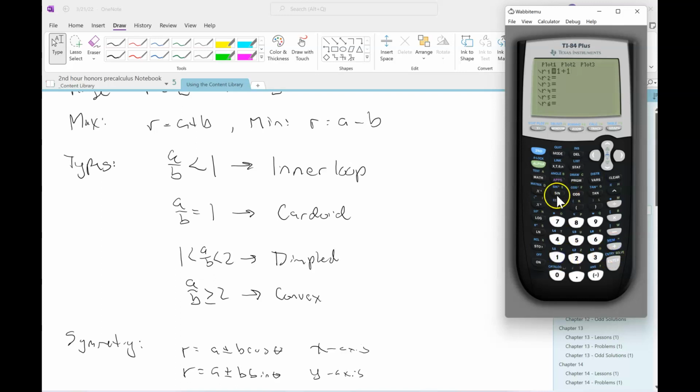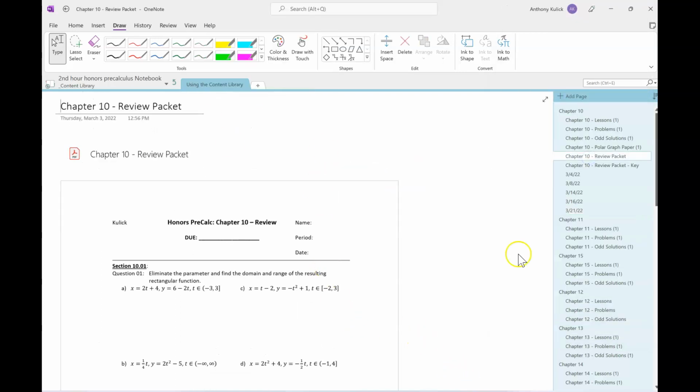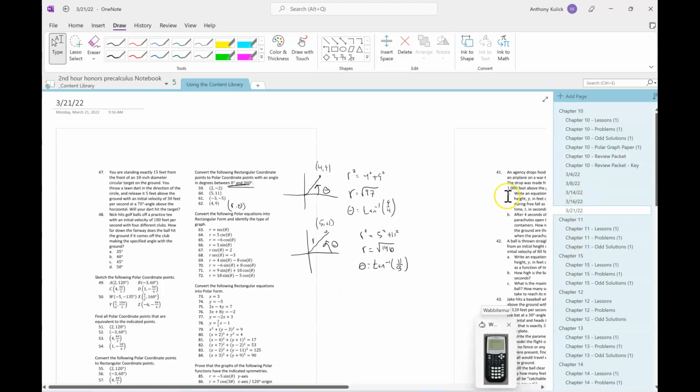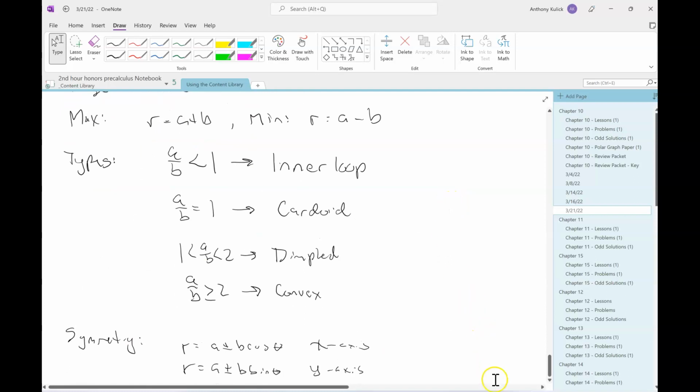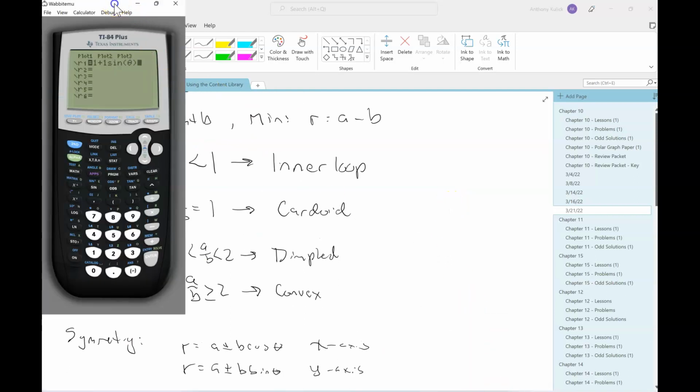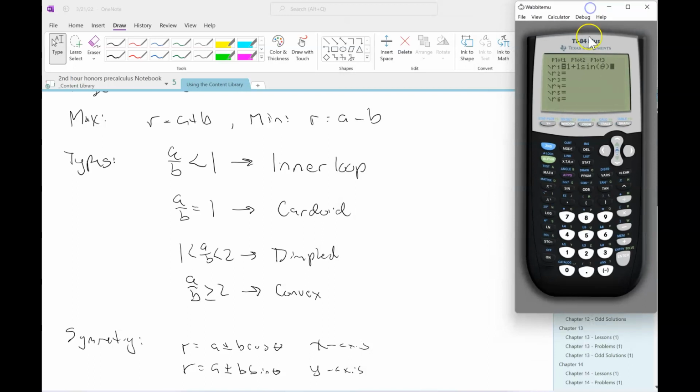So let's do a couple of examples to show you these pictures of the inner loop, cardioid, dimpled and convex real quick. Here a over b is 1 over 2.